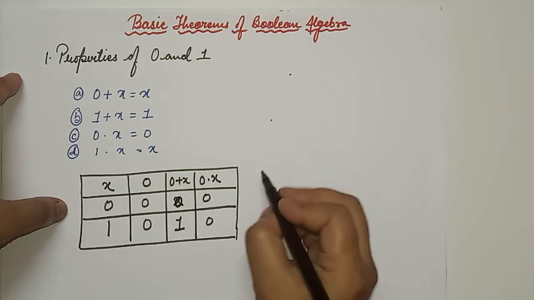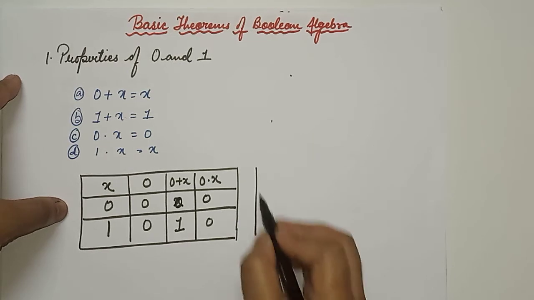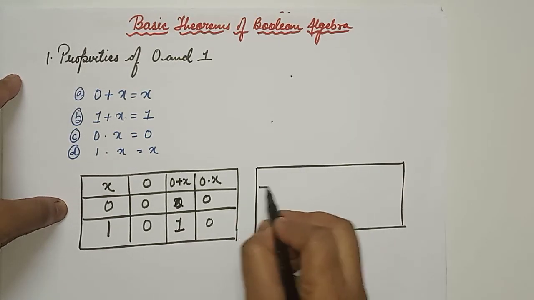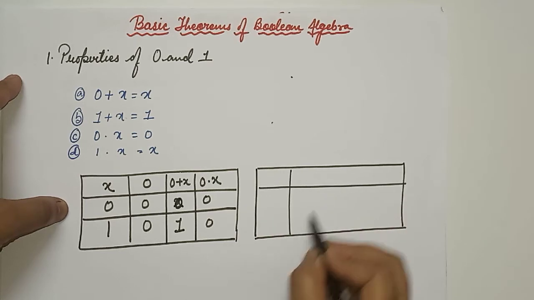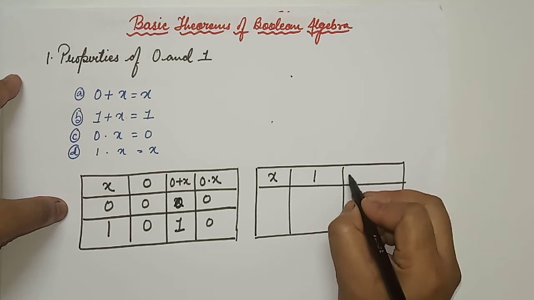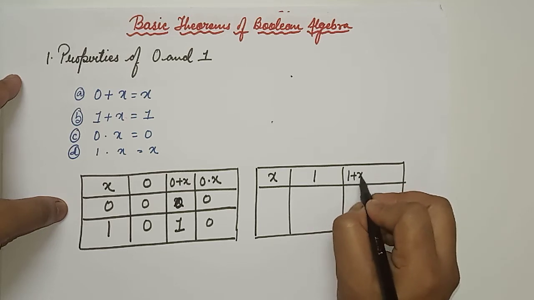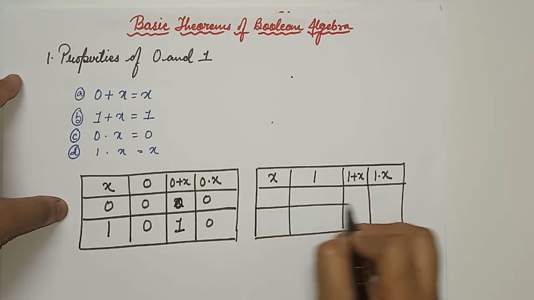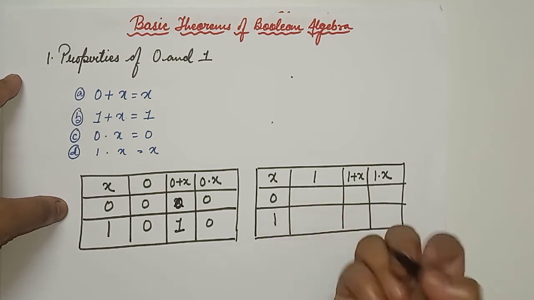Now let's talk about the property of 1. 1 plus x and 1 multiplied with x. 0 and 1 are the two possible values of the x.